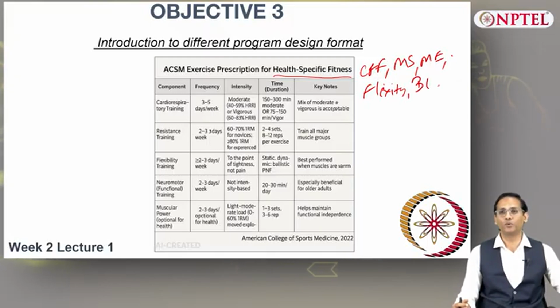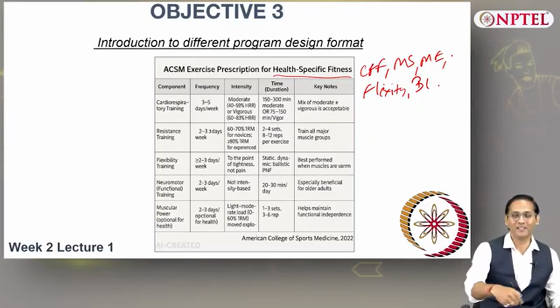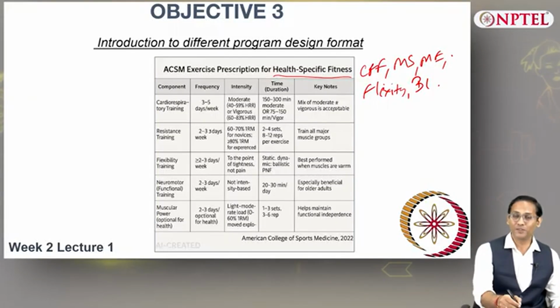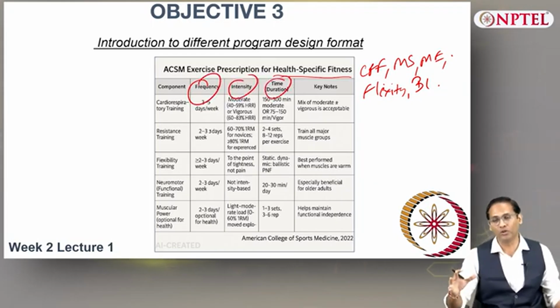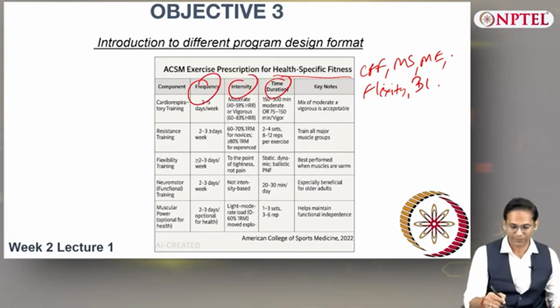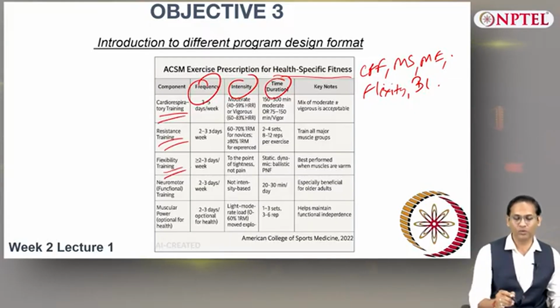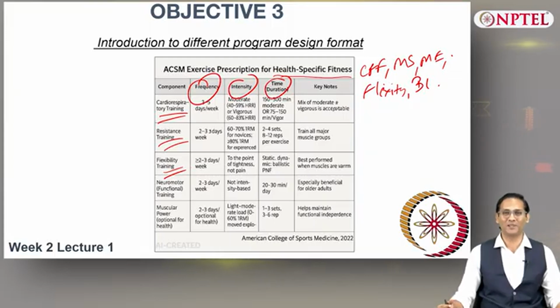If you want to improve these 5 types of fitness, ACSM has its recommendation, and this is the program designing that ACSM has recommended. This program design has frequency, intensity, total volume, and total duration of the workout, specifically for each health specific fitness variable.